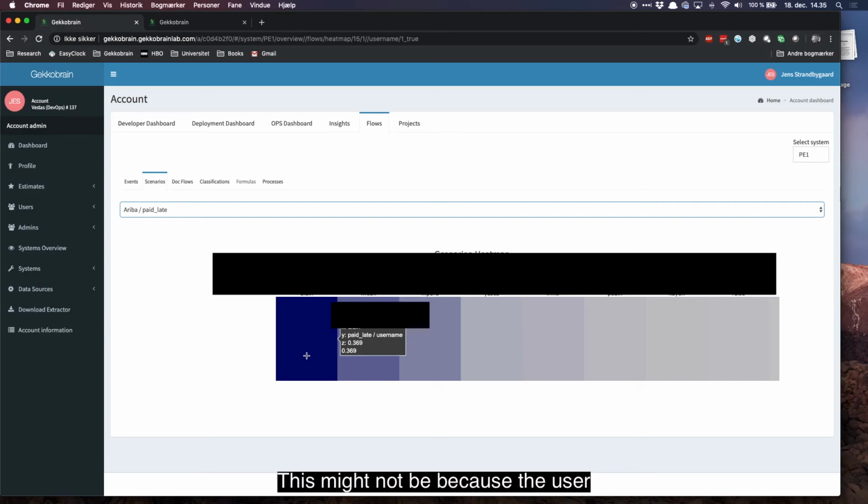This might not be because the user is incompetent, but it could be because of lack of training in SAP, or maybe because the user is often involved in problematic processes. Either way, Gekkobrain has provided the customer with a clear and transparent root cause which can be investigated further to eliminate this particular problem in the procurement process.